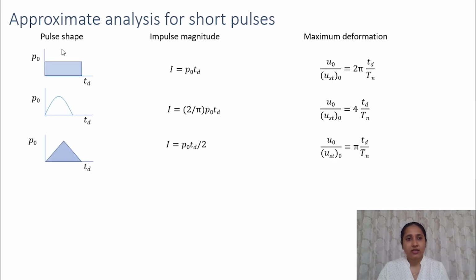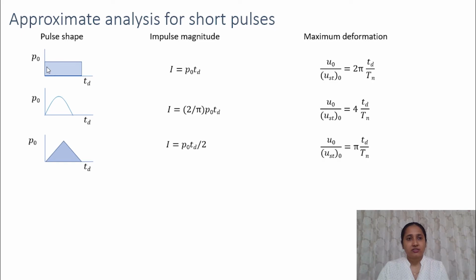So for different types of pulse shapes of the same amplitude, if Td is less than Tn by 2, then we can treat the pulse as an impulse. The impulse magnitude will be equal to the area of these curves.